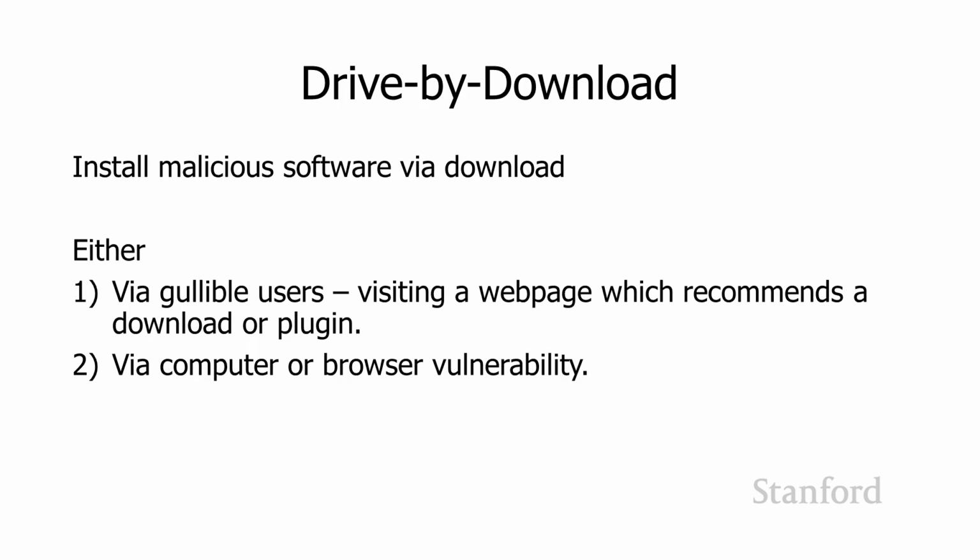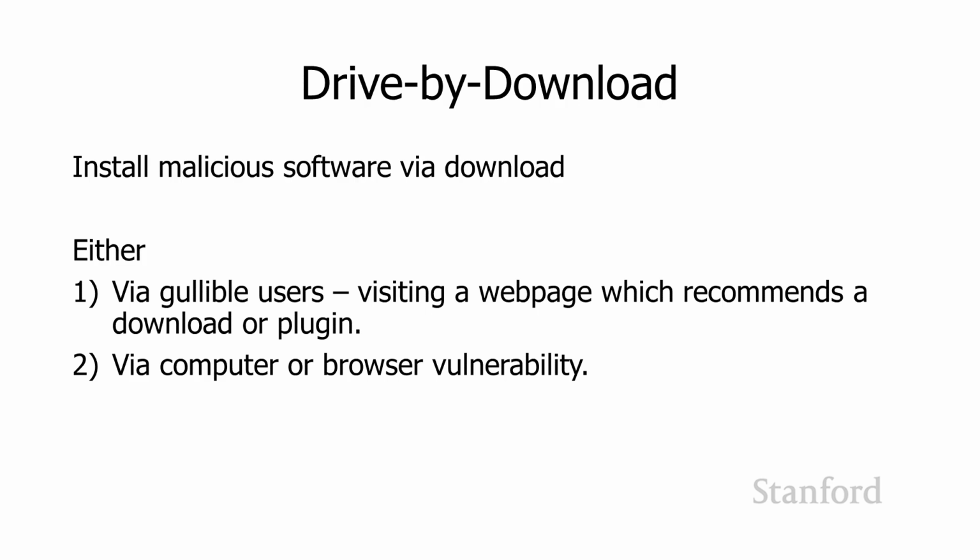On a somewhat related note, there's something called drive-by download. Drive-by download tries to get you to install malicious software. Our example of the web browser plugin could be an example of drive-by download. How do we get the user to install software? One thing we might do is depend upon the gullibility of the user.